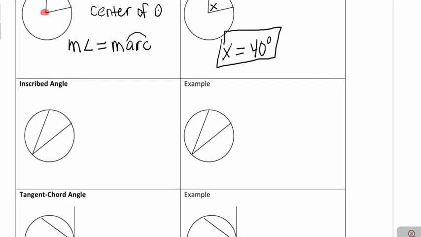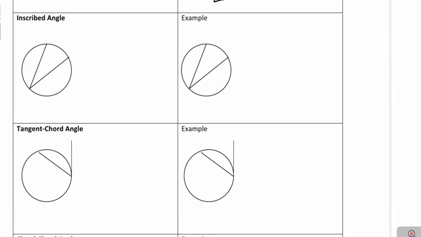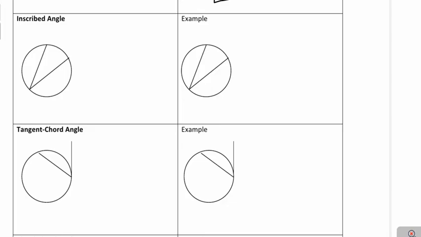Moving on, the next type of angle we're going to talk about is called an inscribed angle. An inscribed angle always has its vertex on the circle, and the entire angle is located inside of the circle. So if the vertex is on the circle, so it's not on the center point, it's on the circle, then the measure of the angle is equal to 1/2 the measure of the arc.